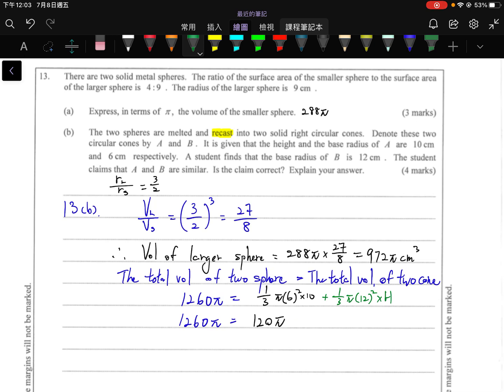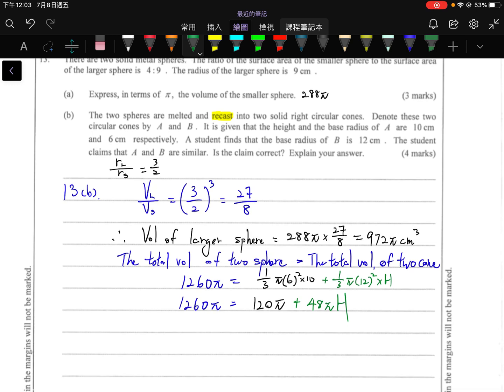For cone B, I don't know the height, but I can simplify the number in front of H. That means 12 squared divided by 3, which is equal to 48 pi, times capital letter H. After that, you can find the height of cone B.